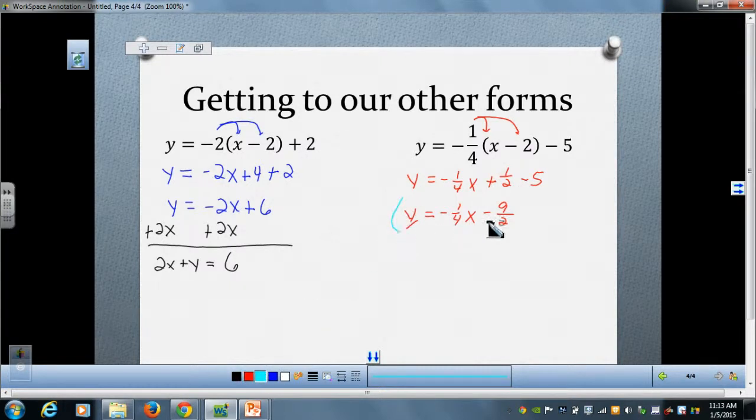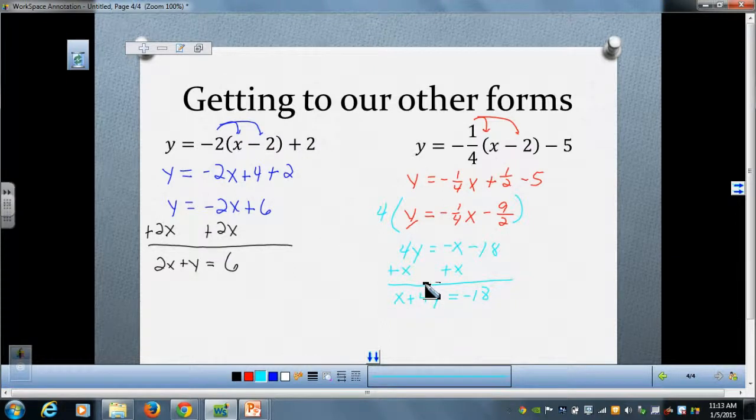I want to multiply by the least common multiple of 4 and 2, which is 4. So 4 times y is 4y. 4 times negative 1/4 x is negative x. And then 4 times negative 9 halves is going to be negative 18. And then our final step is to just move this x term to the left-hand side. So x plus 4y equals negative 18.